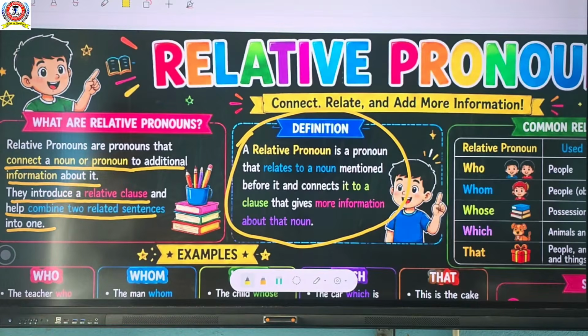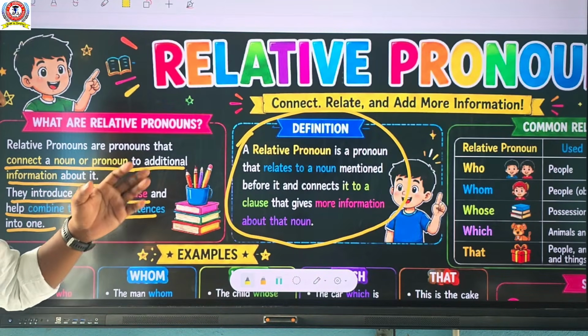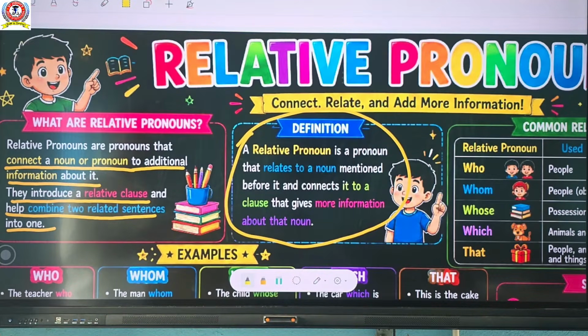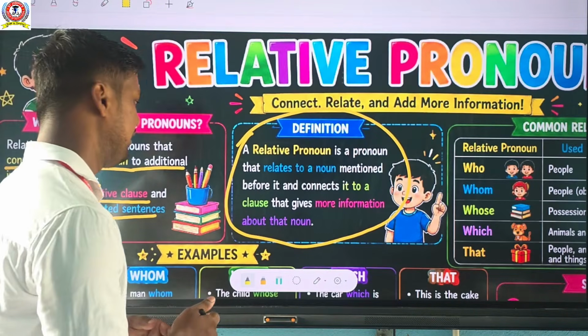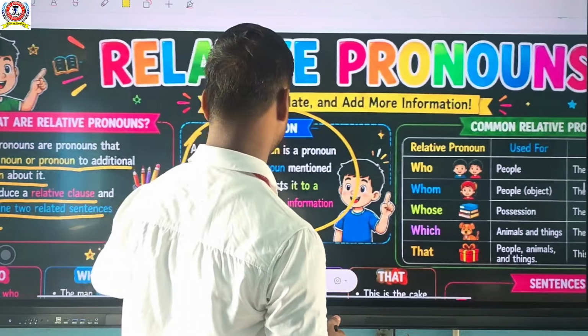That means a relative pronoun relates to a noun mentioned before, and it connects to a clause. We already discussed clauses. And that gives more information about the noun.